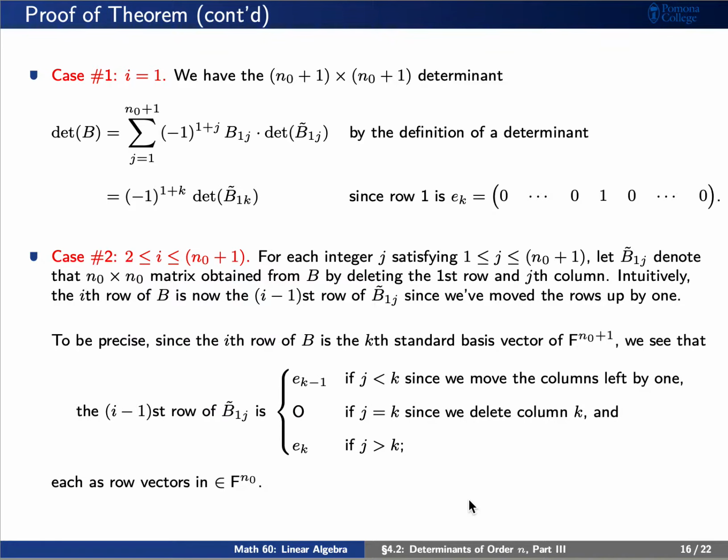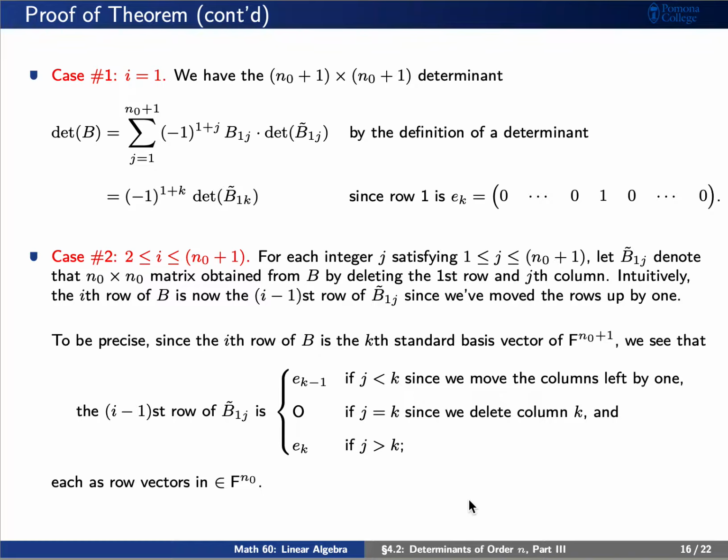I'd like to consider the (i-1)th row of B_1j tilde. Again, we're starting with our matrix B, we're deleting the first row, so where we had row i now gets moved up to row i-1.